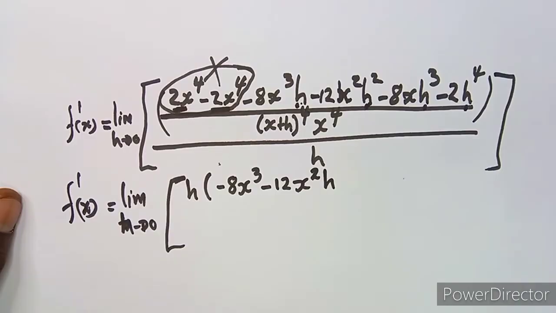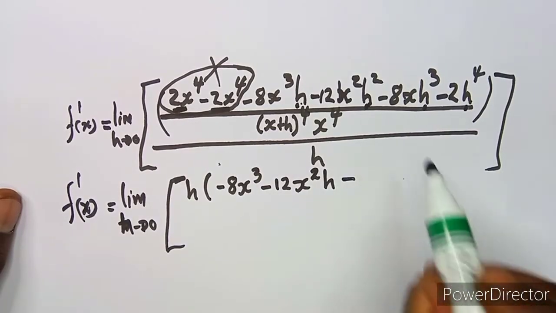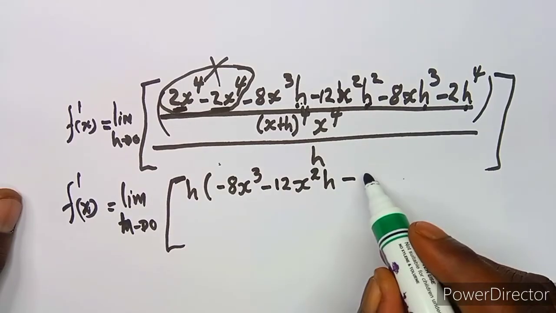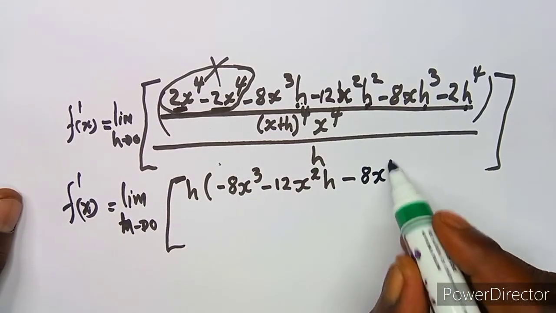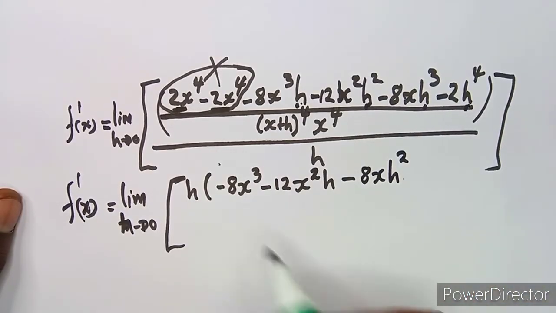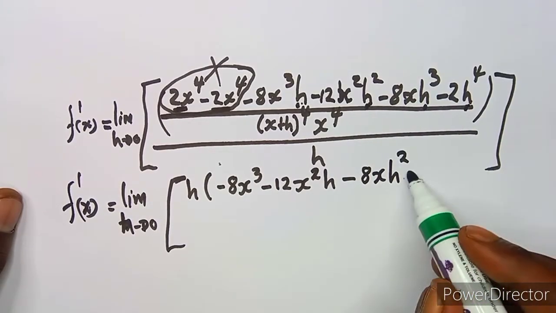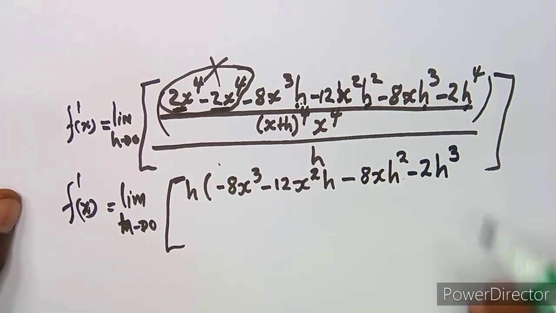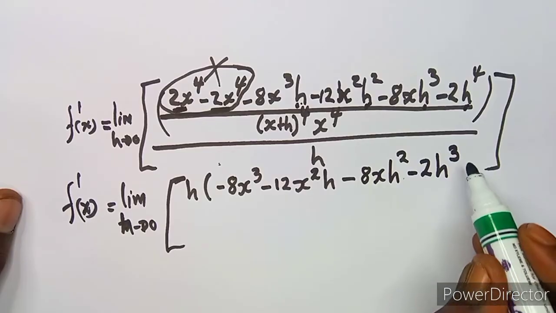We are affecting h, not x. Okay, minus h to the exponent of 3 divided by h, which is h squared, so it's minus 8x h squared. H to the exponent of 4 divided by h, which is actually minus h, so it's going to be minus 2h to the exponent of 3. There were 4, so we're going to remain with 3.